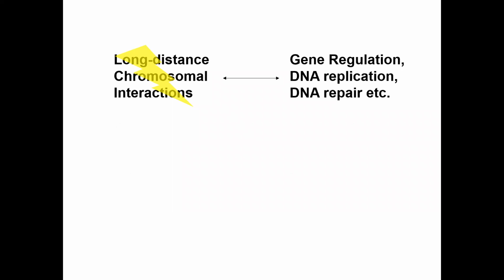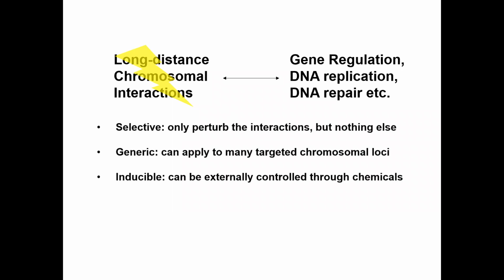And ideally, this method should be selective, so that when we perturb this, we only perturb the interactions, but nothing else. We want a generic method that can induce interactions at any target sites we want to look at, not only the sites that originally touch each other. We want it to be inducible, so that these interactions can be dynamically controlled.